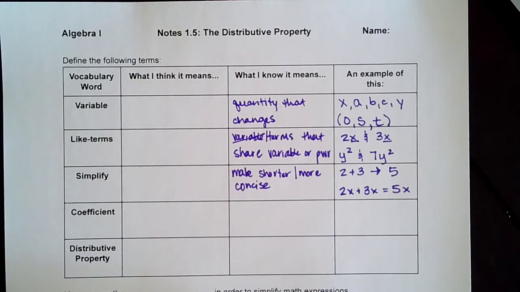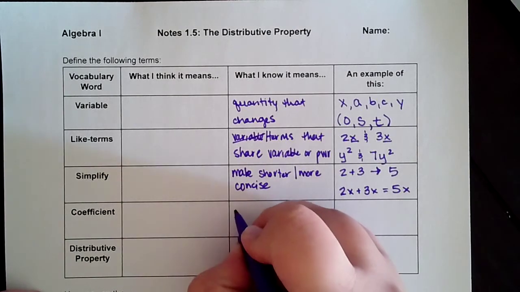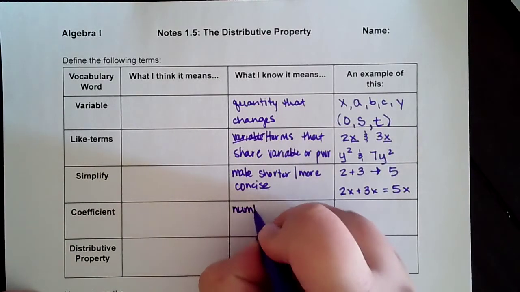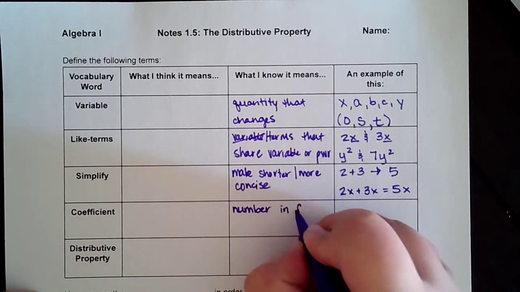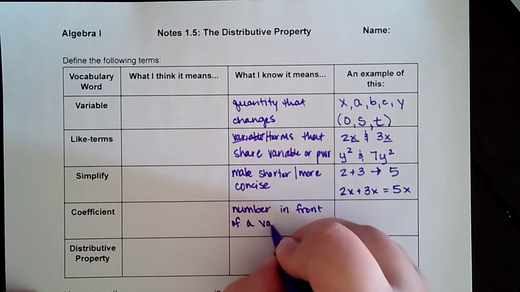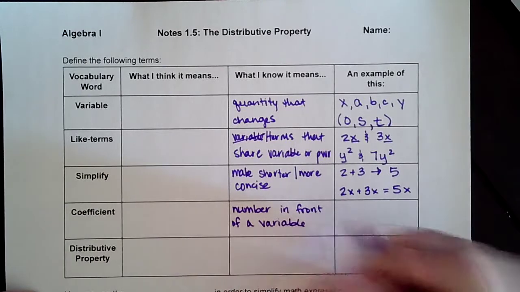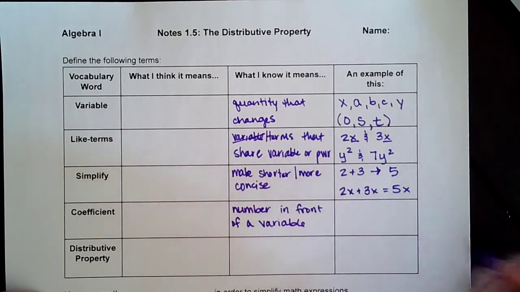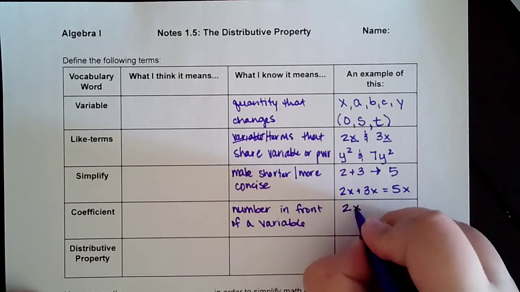Coefficient. That one's a tricky one. If you didn't get anything in your box, that's okay. The coefficient is the number in front of a variable. So I'm going to keep using this 2x because it's easy.